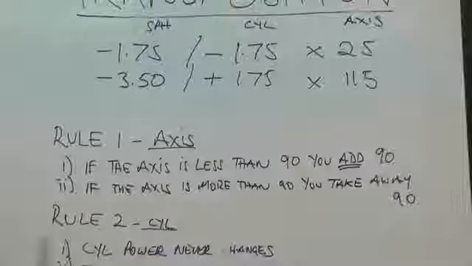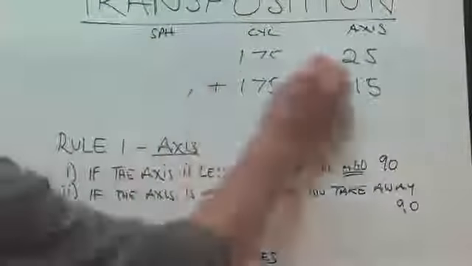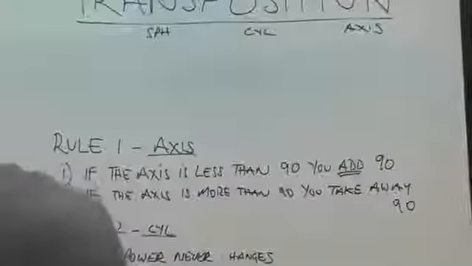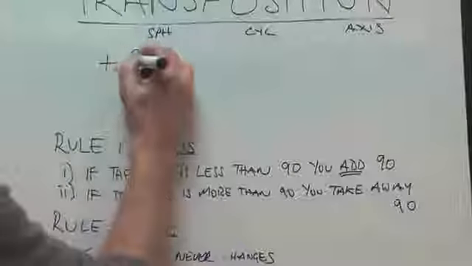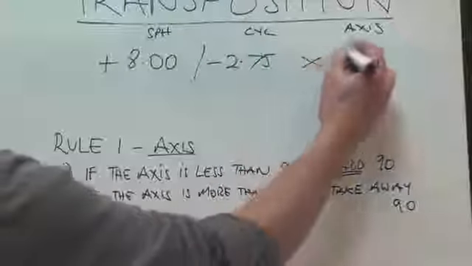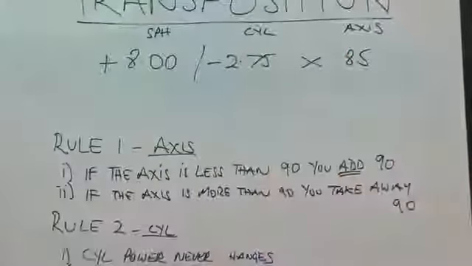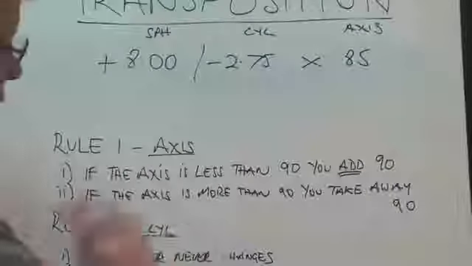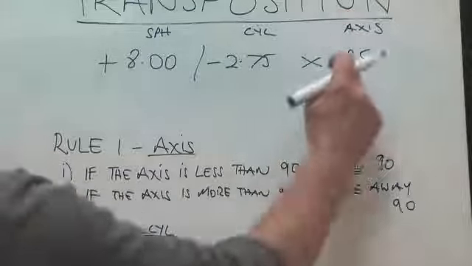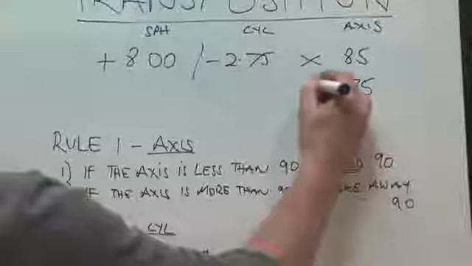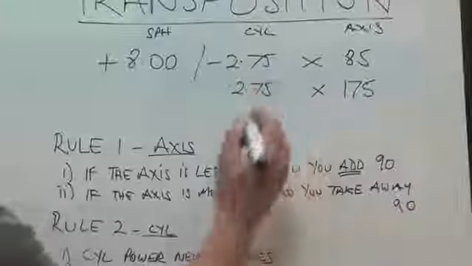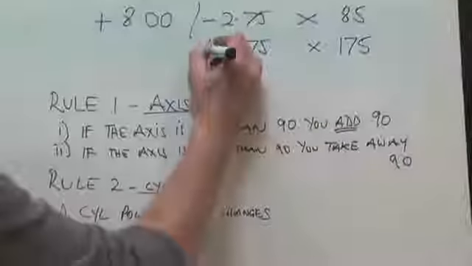Let's try another example, a plus and a minus. So a plus sphere with a minus cyl. Let's say we've got plus 8 with a minus 2.75, axis 85. Let's transpose that using the same rules as before. The axis is less than 90, so we add 90 to that, and it becomes 175. The cyl power never changes, so that's 2.75. The sign always changes, so that's a plus.